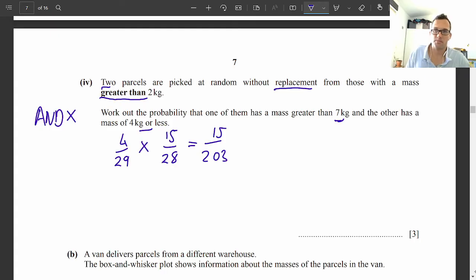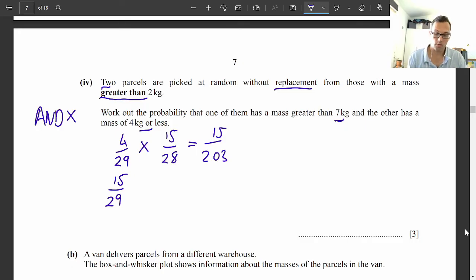But we're not finished, because there is another thing that could happen, and this is often forgotten. This could have happened the other way around. We could have picked a parcel first from the 15 that are less than 4 kilograms. Then there would still have been 29 parcels.